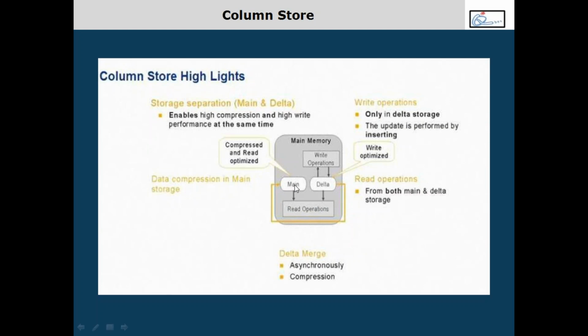One is called main and one is called delta. Internally it represents the column store table with two storages in it. Two blocks: one is called main storage and one is called delta storage.